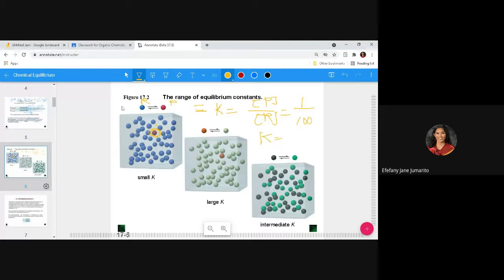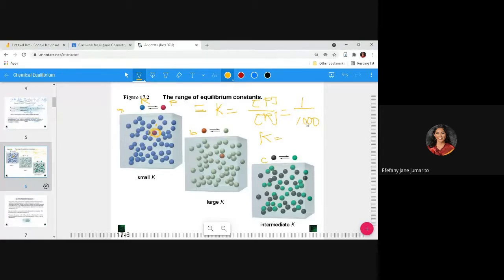So what will be the value of our K here in letter A? 0.01. That is very small. Pasabot, class, magkadaghan mo ang reactant, then your product will be the same.